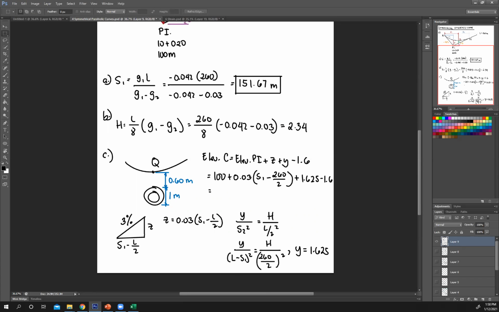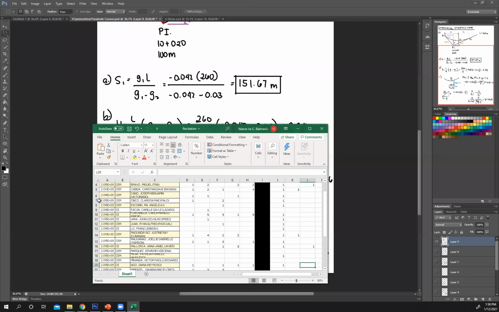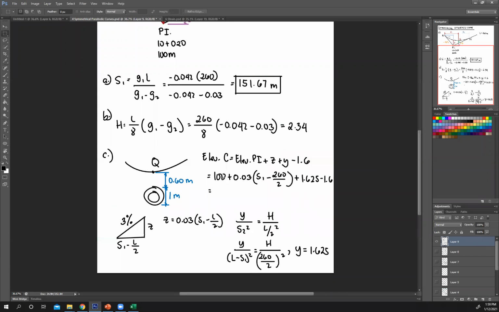Correct. 100.68 meters. Okay, so that's letter C.